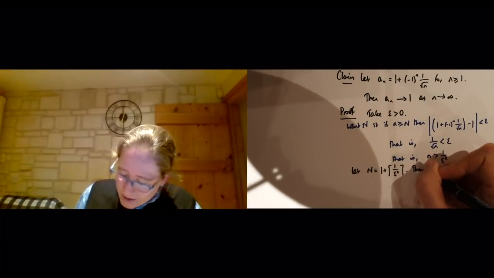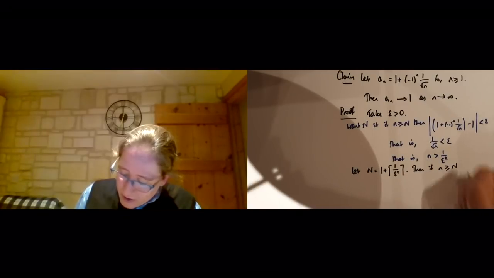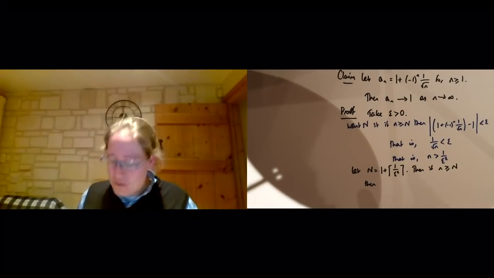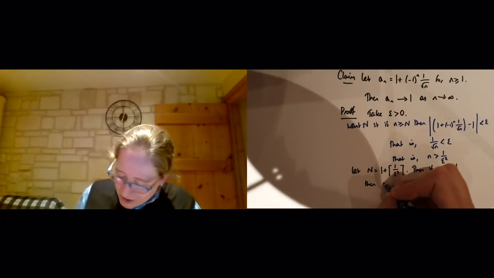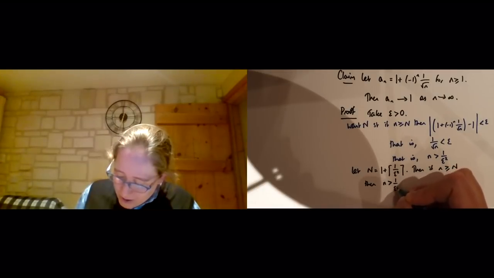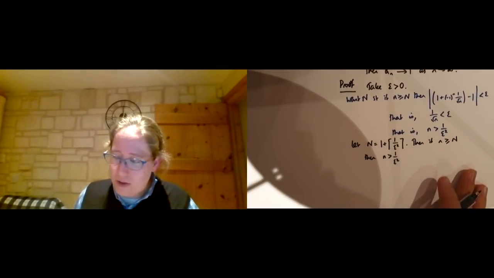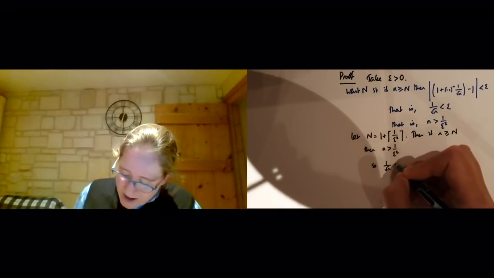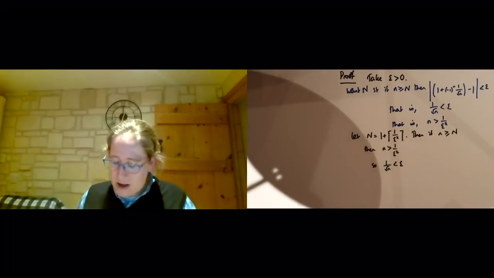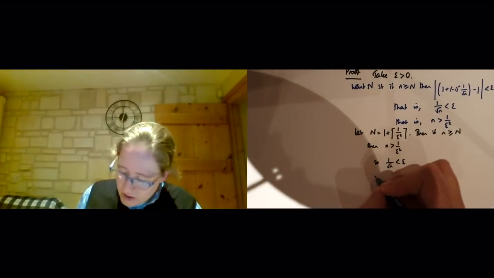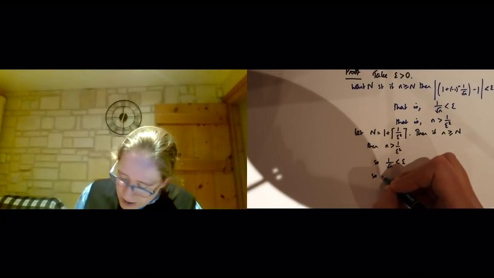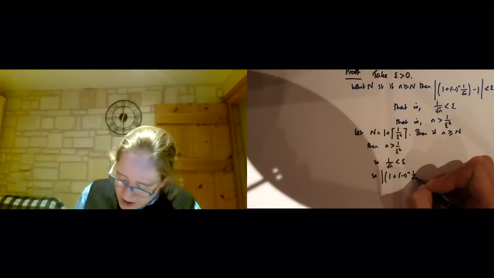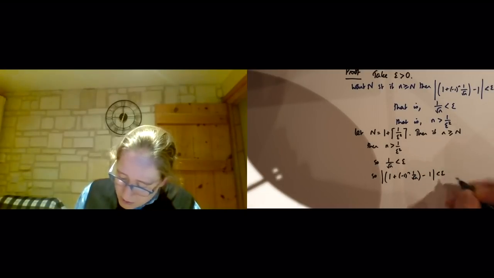And then if little n is greater than or equal to capital N, then I know what to write by looking at what I did informally in blue previously. So little n is greater than 1 over epsilon squared. I think I'm just going to move this up so that I'm still on the screen for you. So 1 over root n is less than epsilon, just rearranging the inequalities. So the absolute value of 1 plus (-1)^n over root n, minus 1, is less than epsilon.